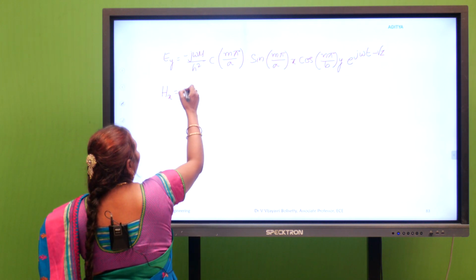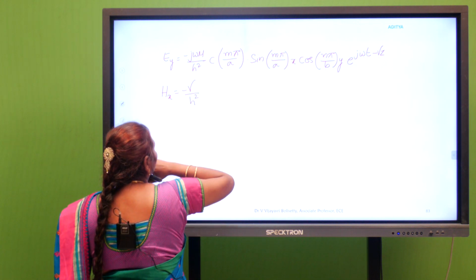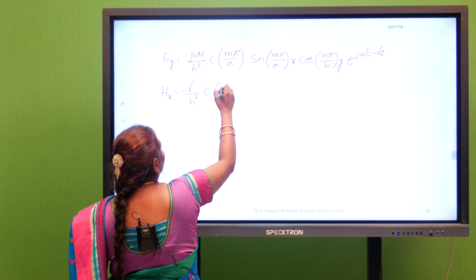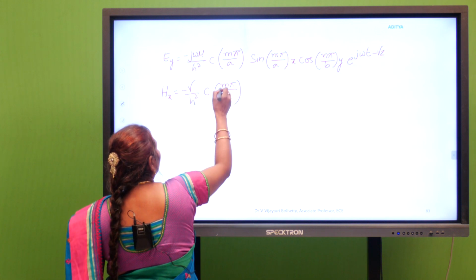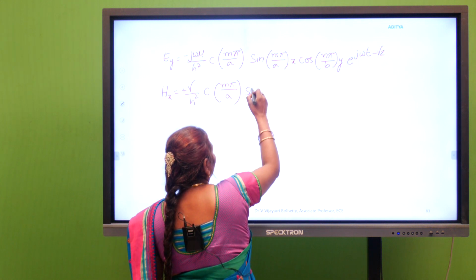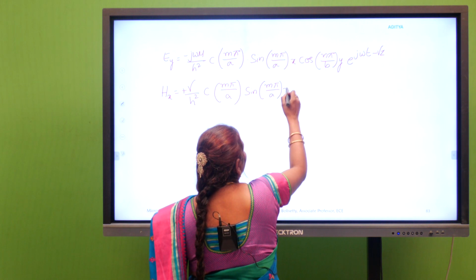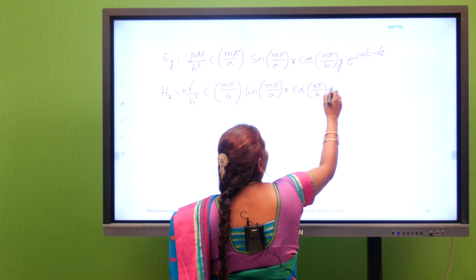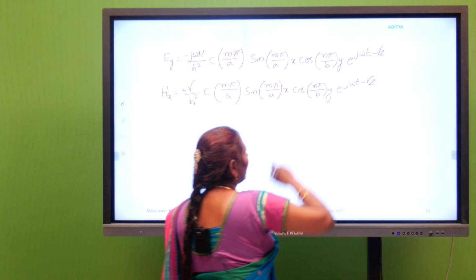So minus gamma by h square c, here minus m pi by a, so that becomes plus, sin m pi by a x cos n pi by b y e power j omega t minus gamma z.